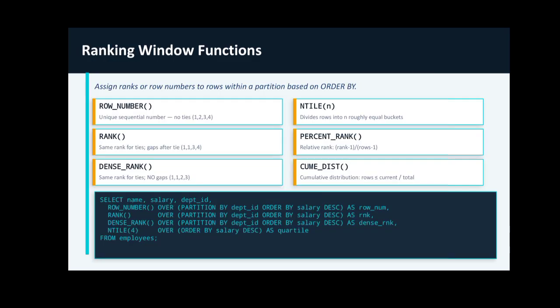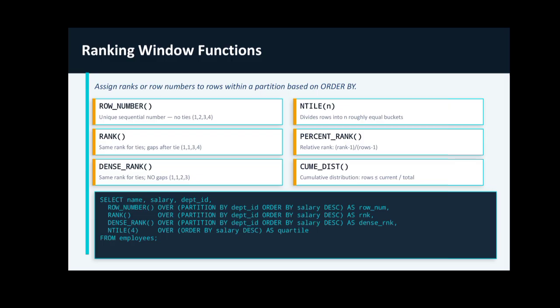Ranking functions assign positional values to rows within a partition. The differences are subtle but important. ROW_NUMBER assigns a unique sequential integer. No ties, always distinct. RANK gives tied rows the same rank but then skips the next rank. For example, after 2 rows ranked 1, the next rank is 3. DENSE_RANK also gives the same rank but does not skip.